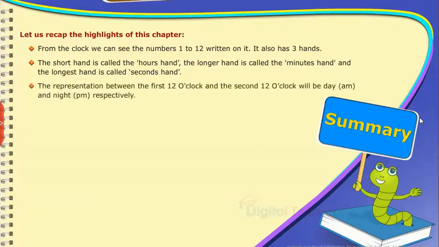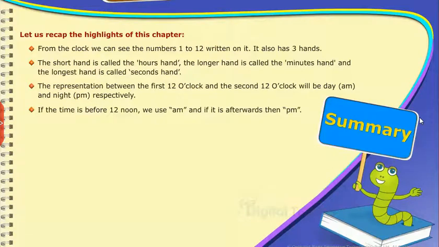The representation between the first 12 o'clock and the second 12 o'clock will be day AM and night PM respectively. If the time is before 12 noon, we use AM, and if it is afterwards, then PM. 1 hour equals 60 minutes. 1 minute equals 60 seconds.